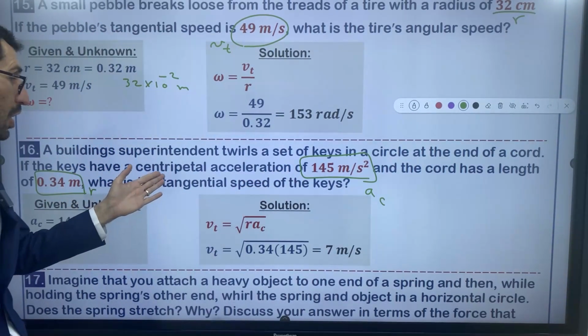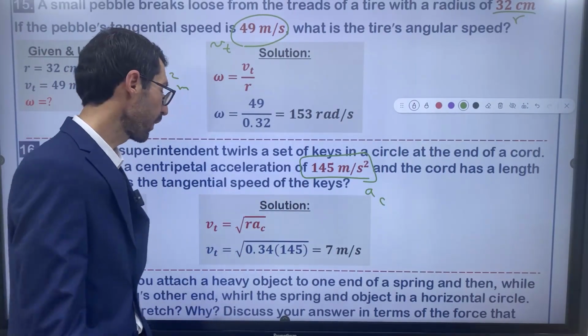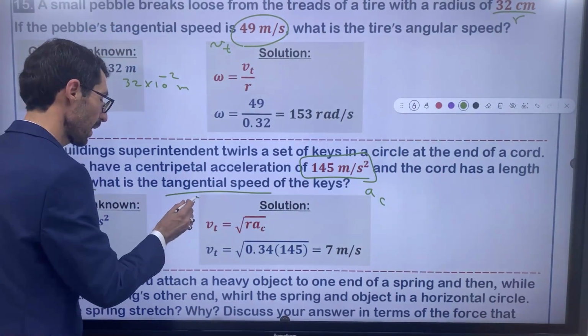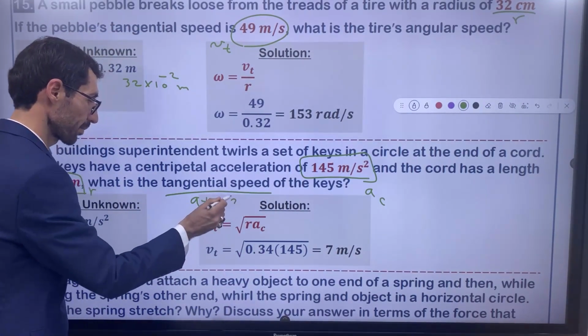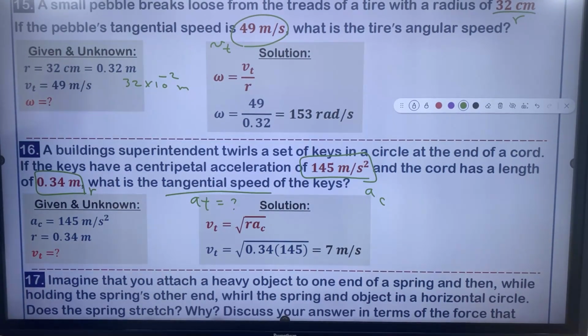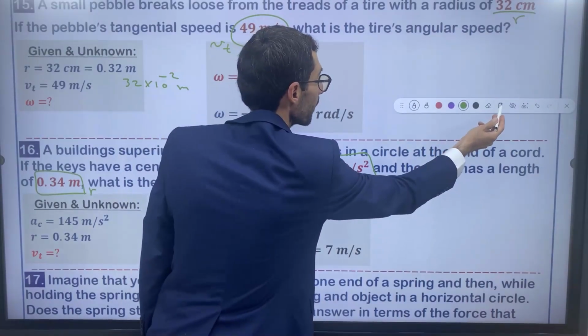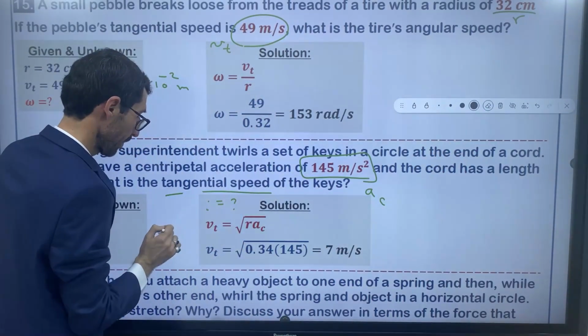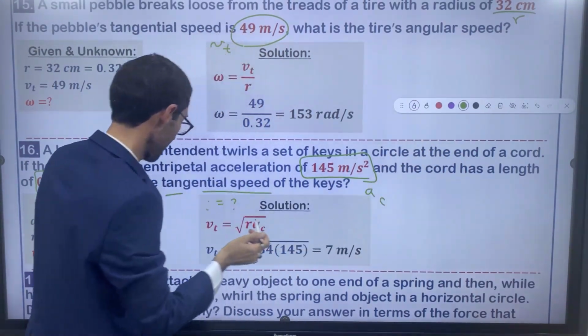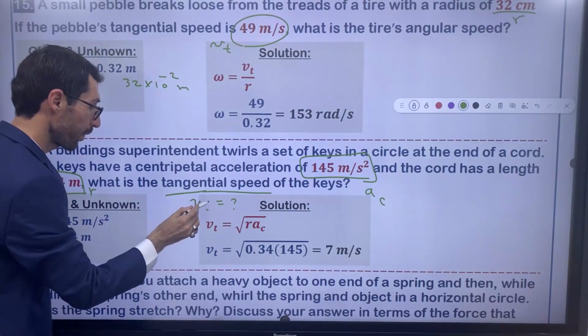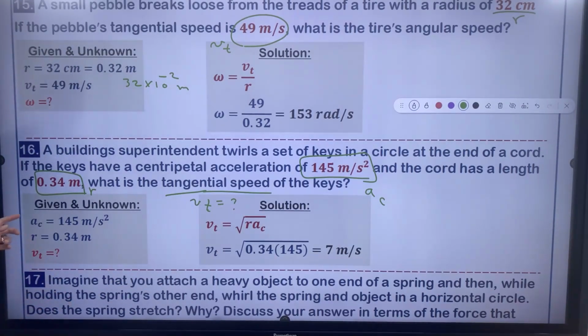What's the tangential speed of the keys? We look for Vt, not 80, I made a mistake. So AC is given, R is given, and we look for Vt.